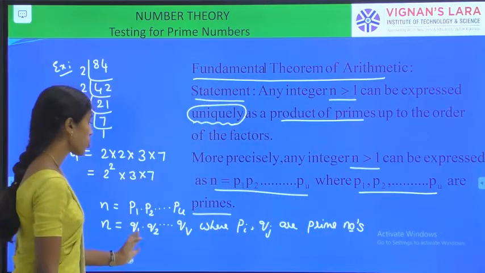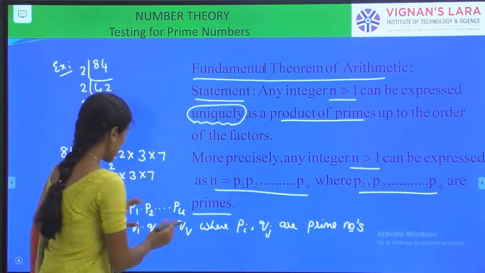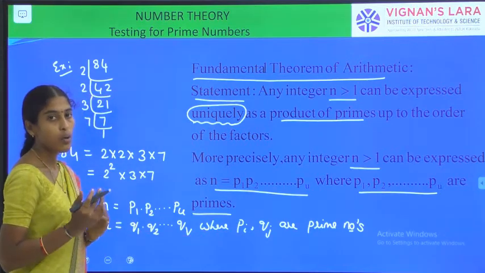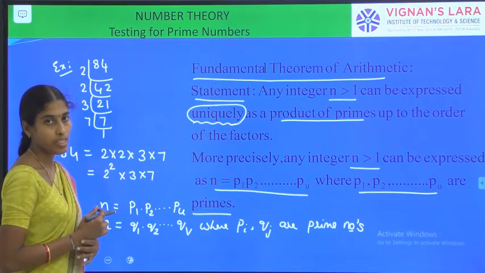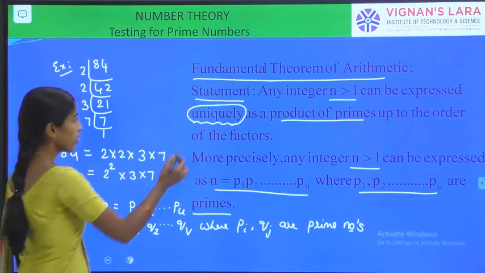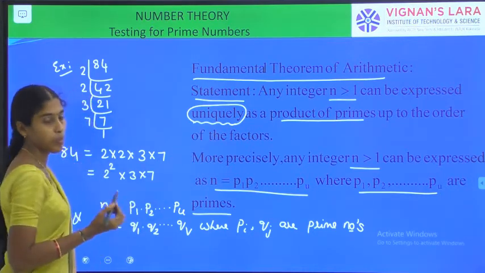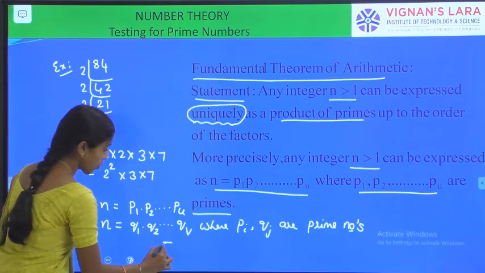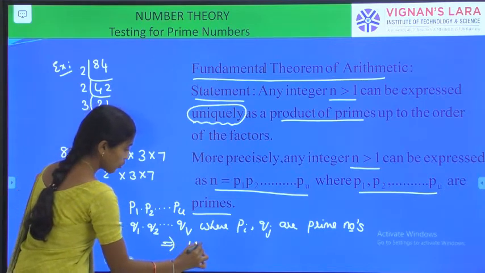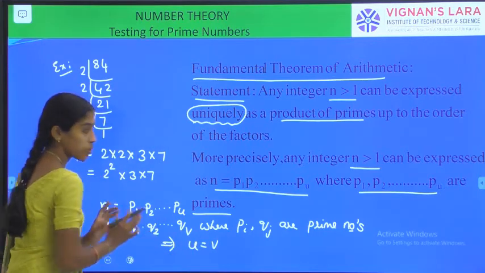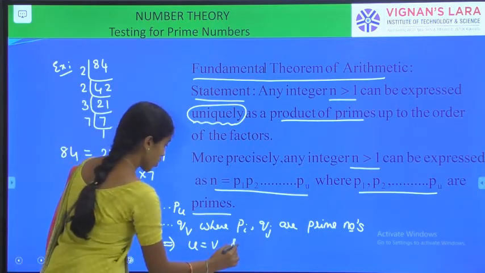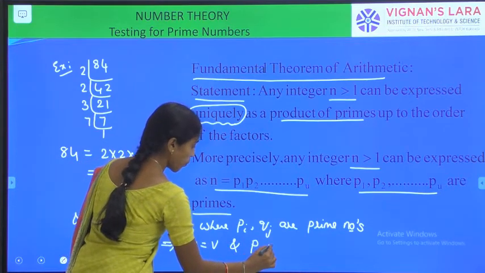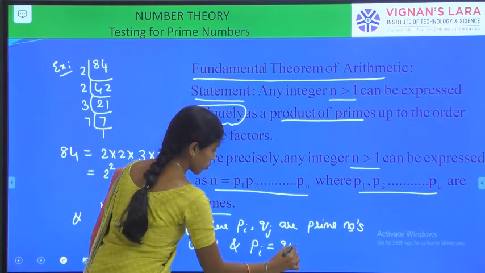If we have two such representations, we say it is a unique representation. By reordering these prime numbers, we must get u is equal to v. These numbers must be the same, and some pi must be equal to qj.